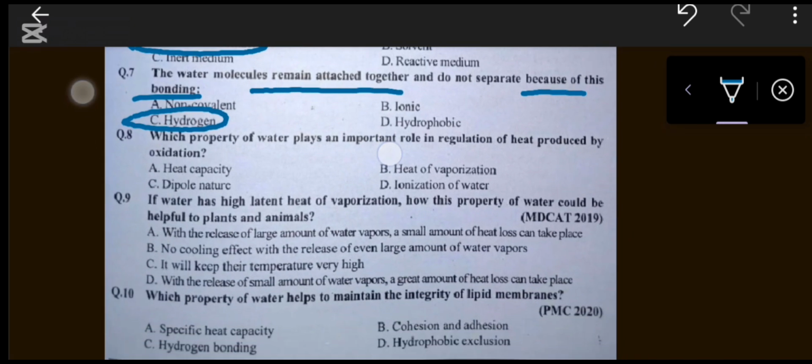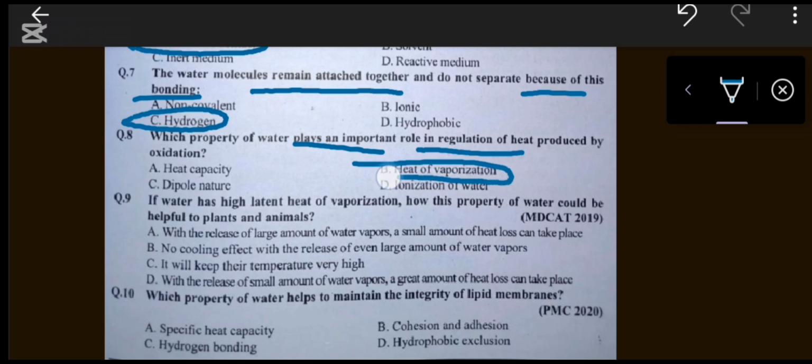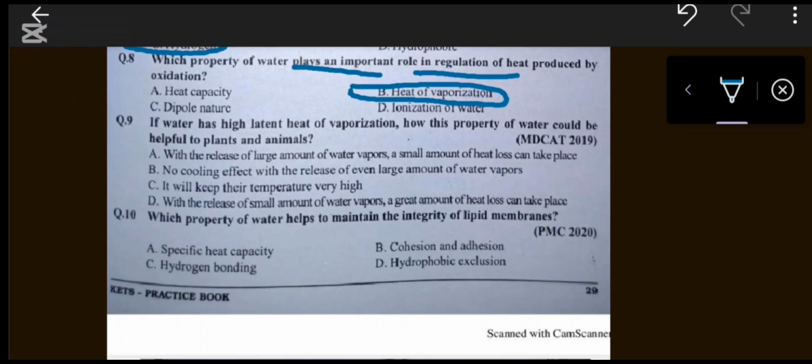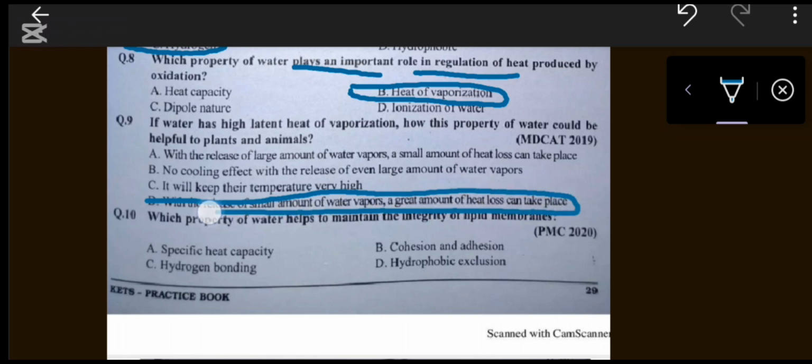Question number 8: which property of water plays an important role in regulation of heat produced by oxidation? It is the high heat of vaporization. Question number 9: if water has a high latent heat of vaporization, how could this property be helpful to plants? Option D: it will release a small amount of vapor, a great amount of heat loss.